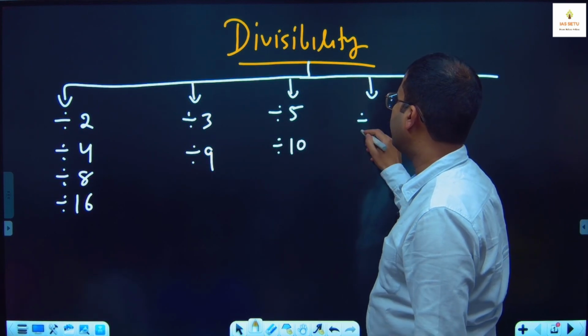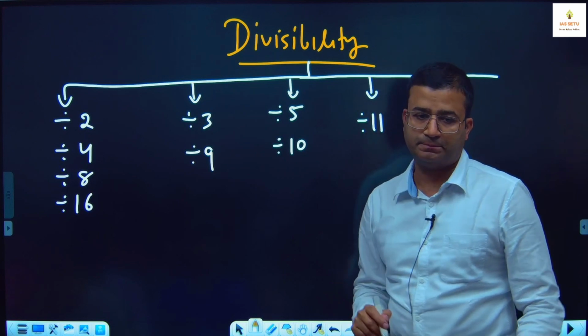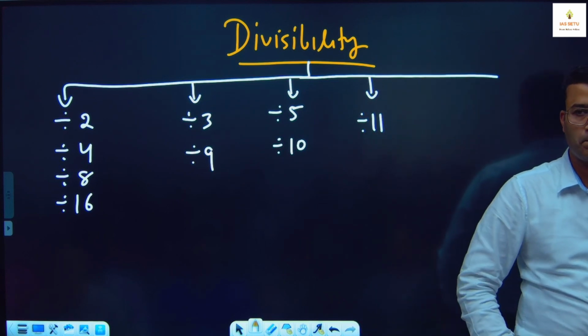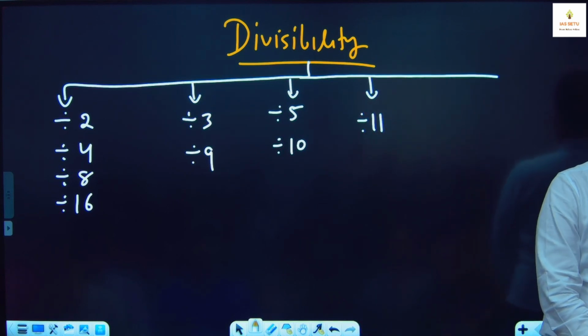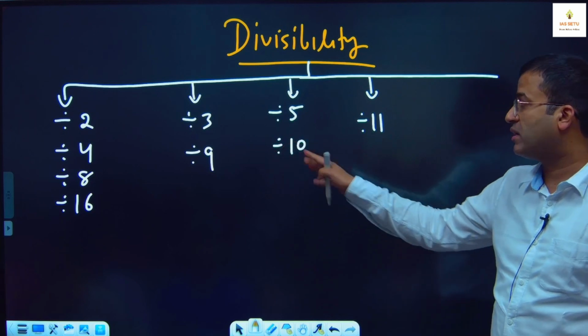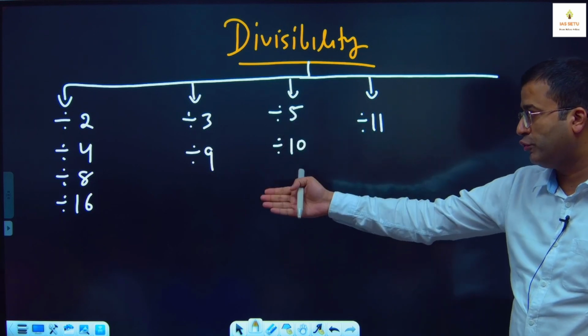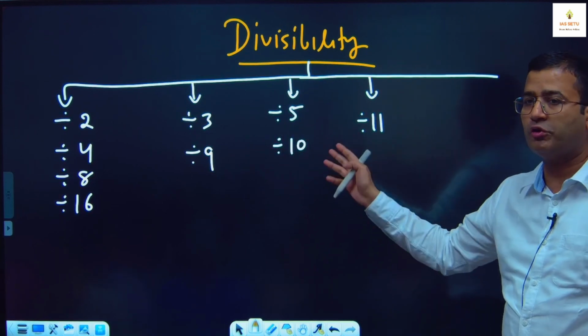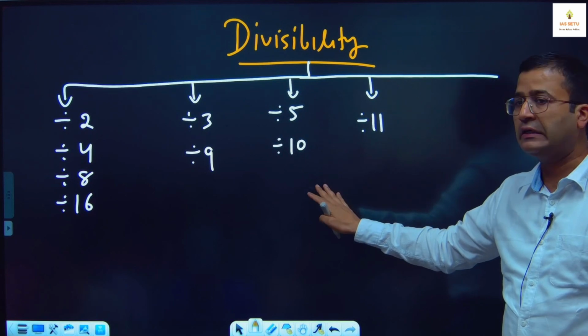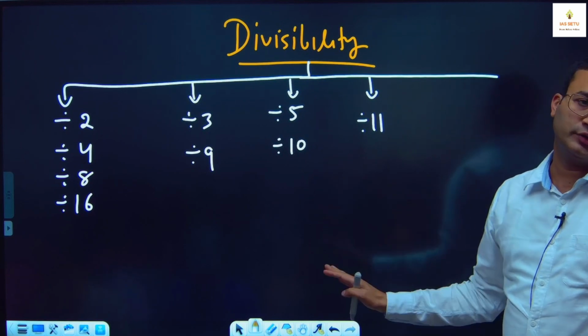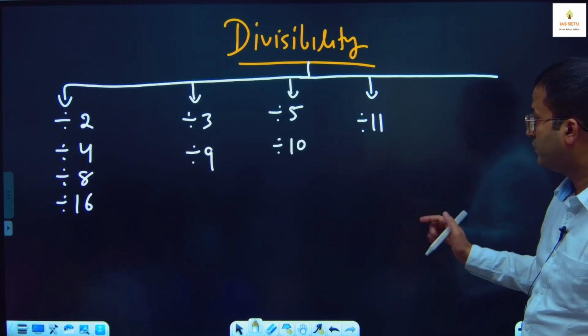Next category I take divisibility of 11. It might seem random, 2, 4, 8, not like 2, 3, 4, 5, but you will learn things and you will be able to use it and you will not forget.